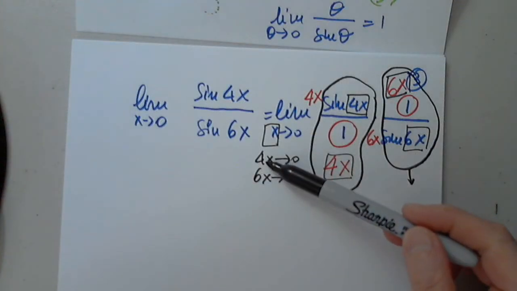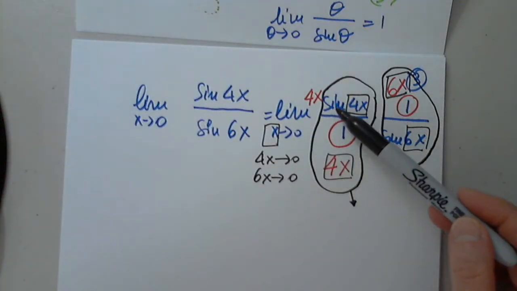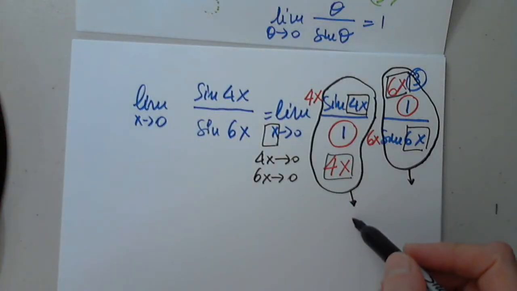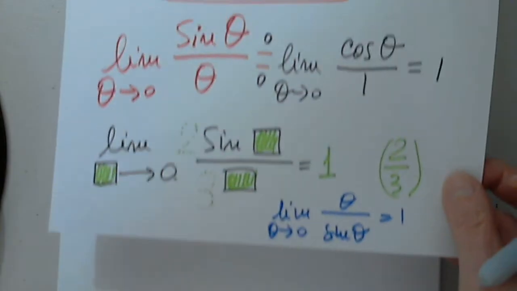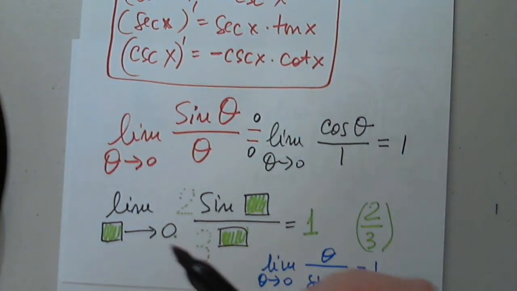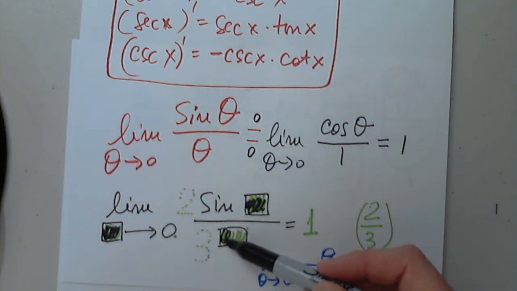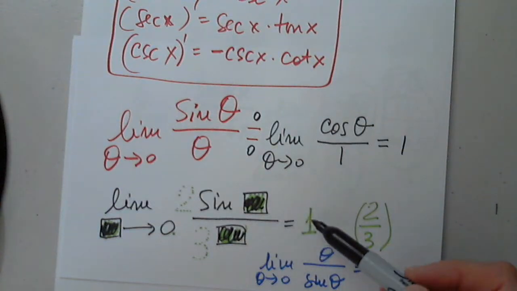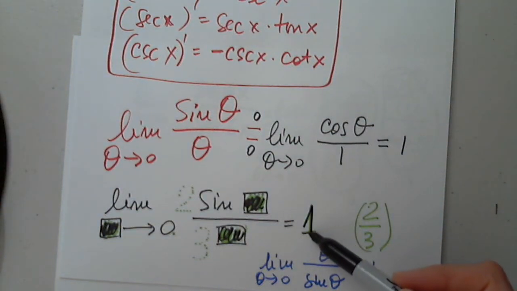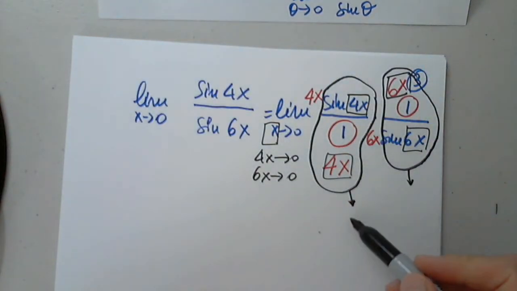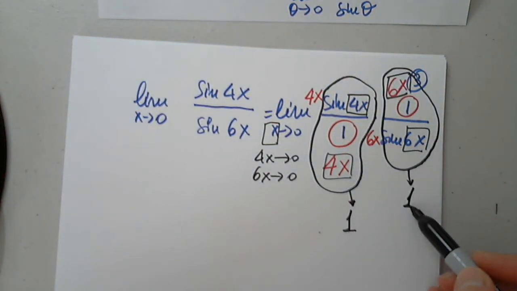When 4x approaches 0, where is sine 4x over 4x going to? Zero. Careful, let's take a look. As long as the box here, and the box here, and the box here are all the same, the answer will always be 1. Oh, so 1. 1, indeed. So this is 1, and this is 1.